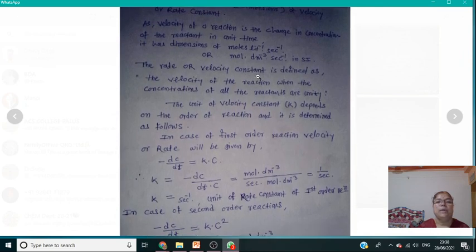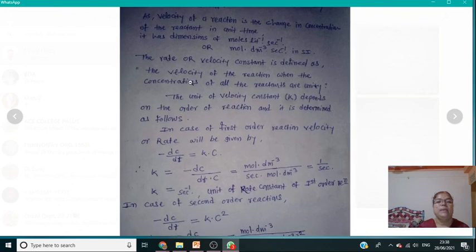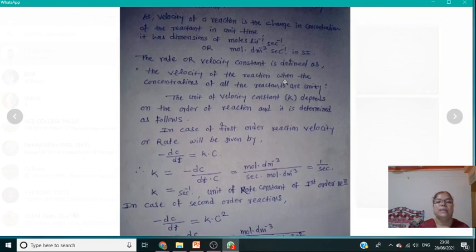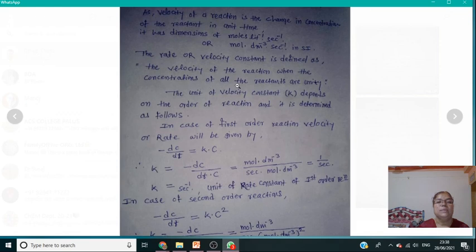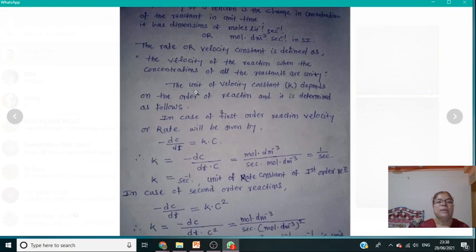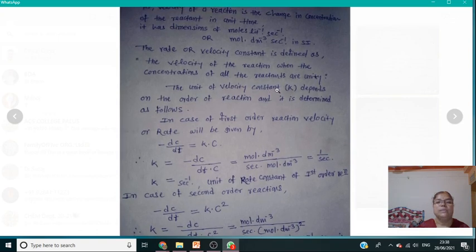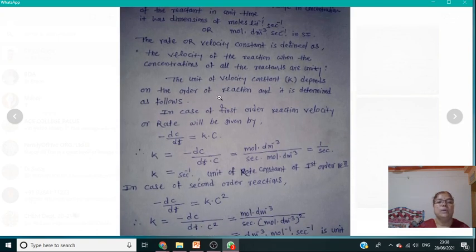The rate or velocity constant is defined as the velocity of a reaction when concentrations of all the reactants are unity.